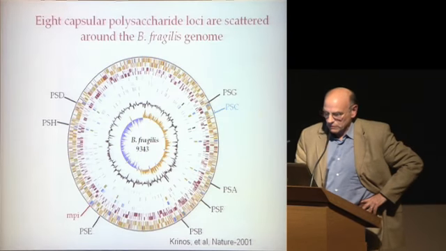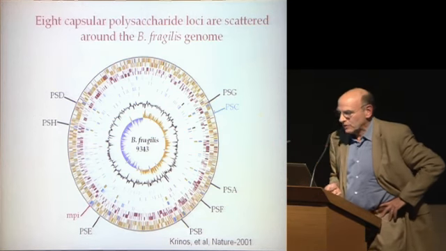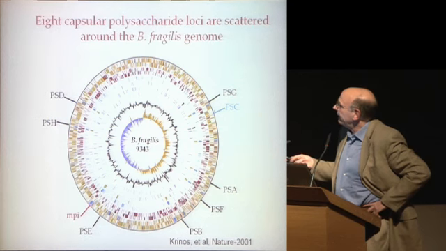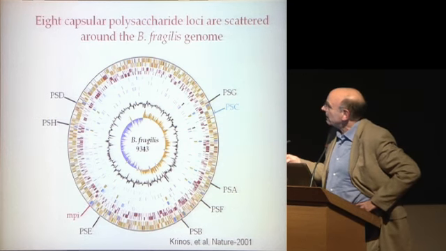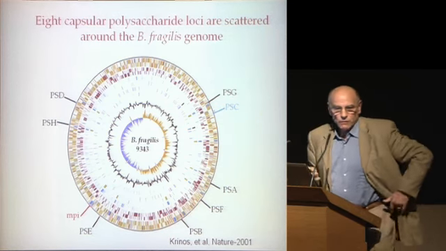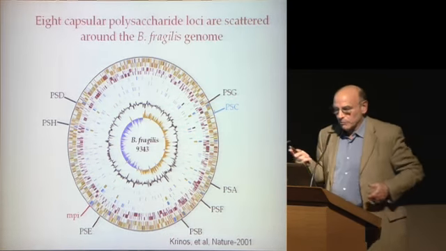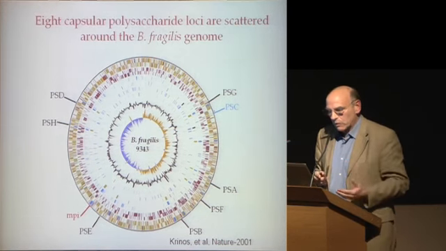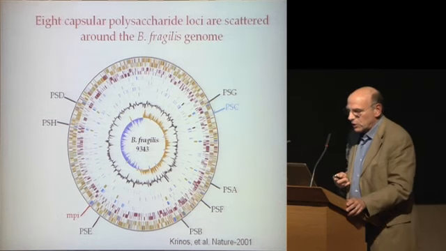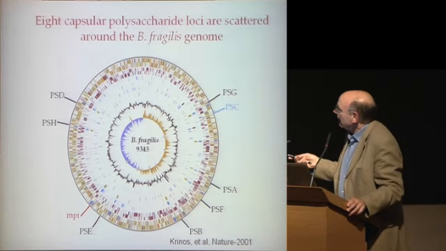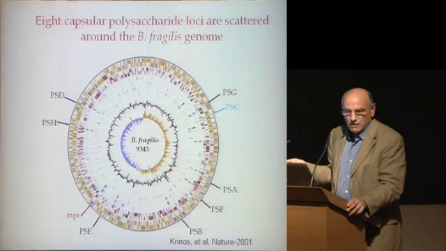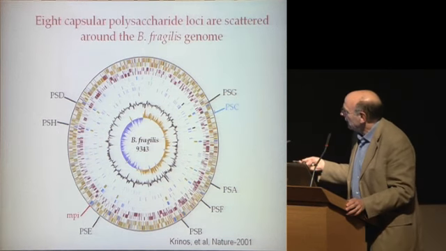This organism's genome was sequenced about 10 years ago, and what was found was that, remarkably for any microbe that we knew about, but certainly for microbes that are involved in the human at that time, this organism had loci for the production of 8 different polysaccharides.